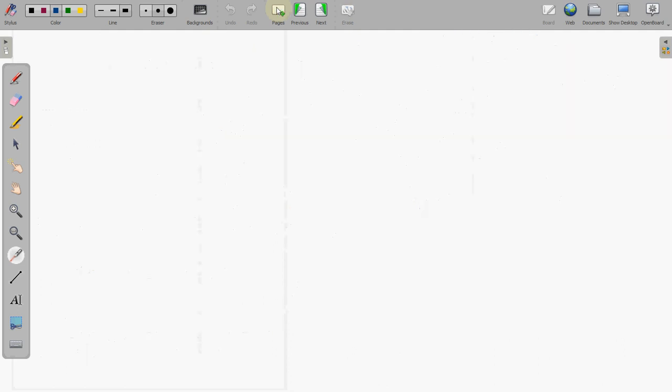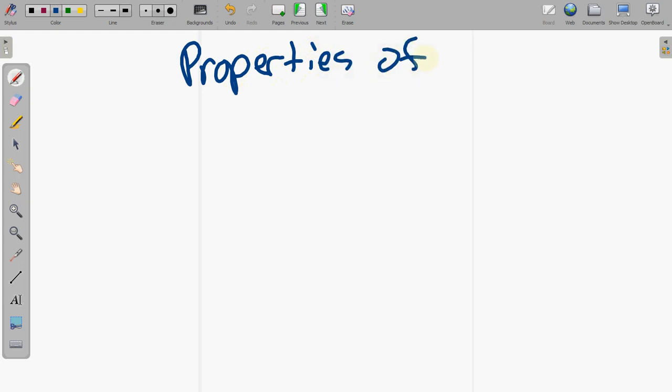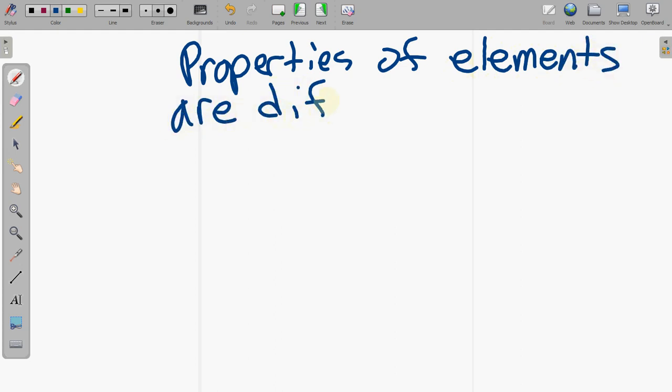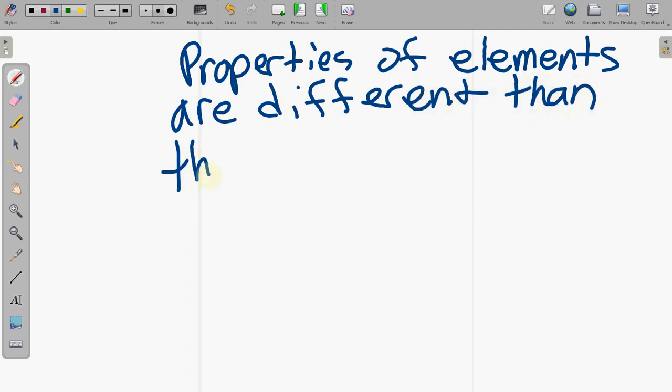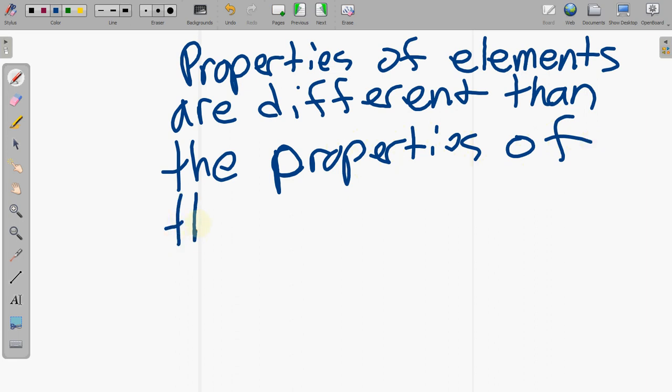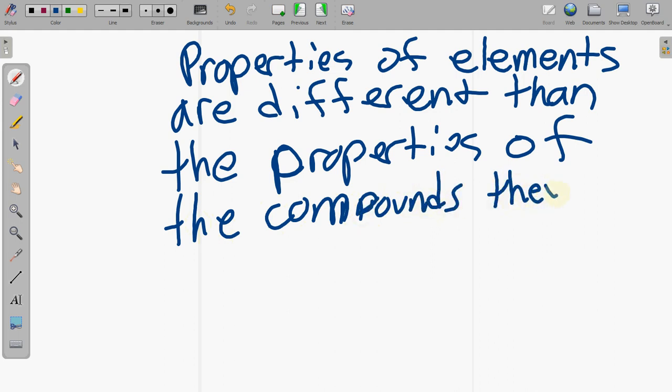Right? So the properties of elements are different than the properties of the compounds they make.